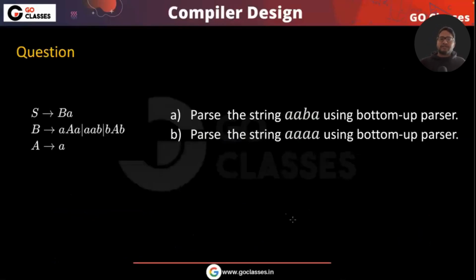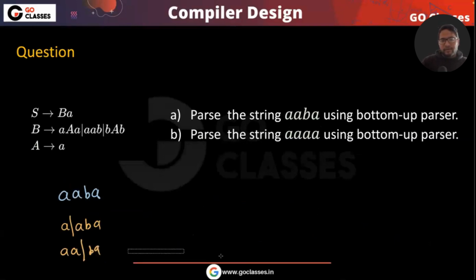Now let's just parse these strings here. Maybe let's just quickly parse A B A. Okay, can you parse A B A? I think for A, A, right? So this is B, right? This is B. Okay. So what should you do? You should shift it. You should again shift it, right?